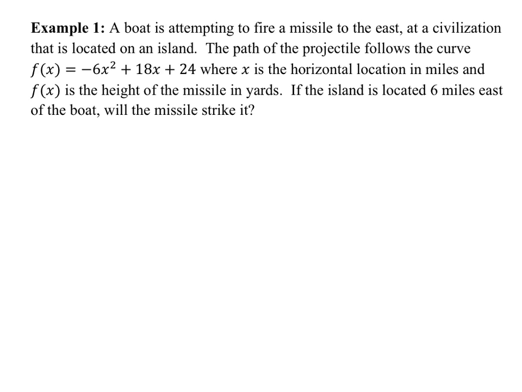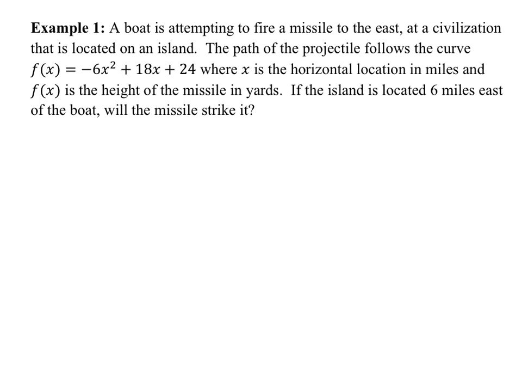So we have two completely different units there. The height is measured in yards. The distance horizontally is measured in miles. If the island is located 6 miles east of the boat, will the missile strike it?